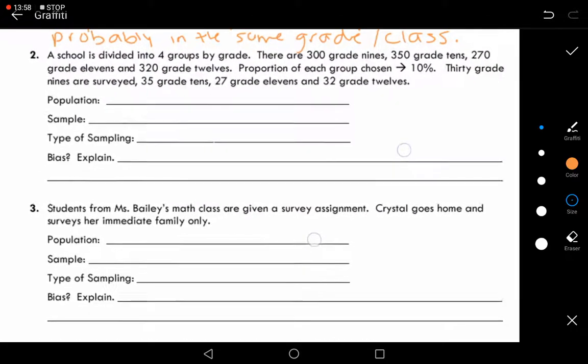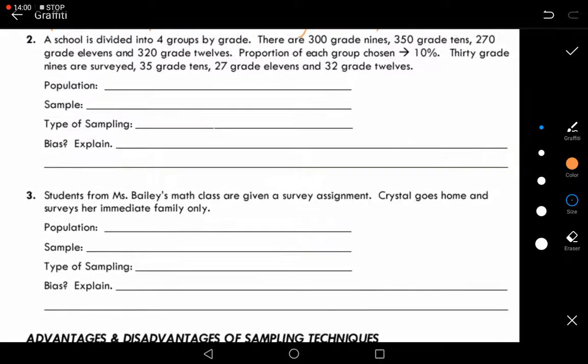Okay, example 2. A school is divided into 4 groups by grade. There are 300 grade 9s, 350 grade 10s, 270 grade 11s, and 320 grade 12s. A proportion of each group is chosen. So they're taking 10% of each group.